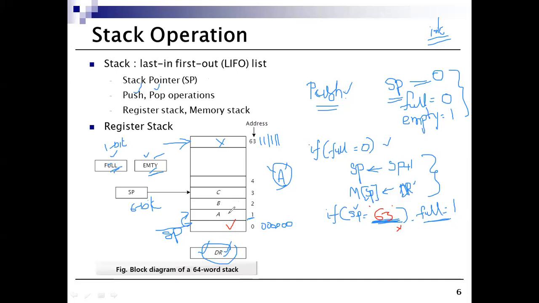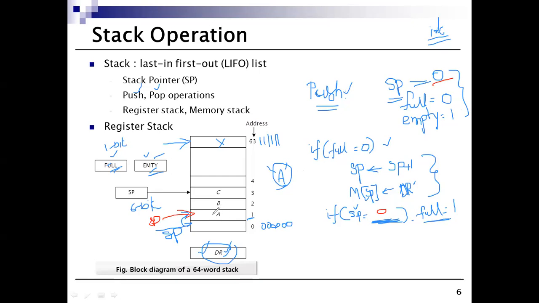SP equal to 0. See, initially your SP is 0. The conditions are full 0 and empty 1. If full is 0, then only you can do one push operation. So your SP is incremented first and then it loads the element. Here every time the stack pointer is pointing to a filled location.